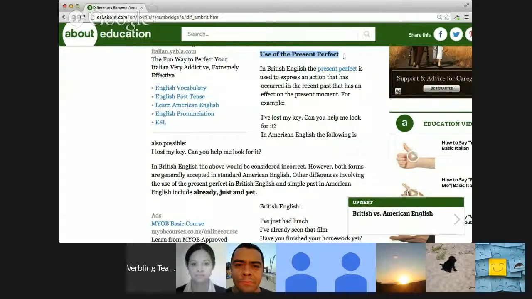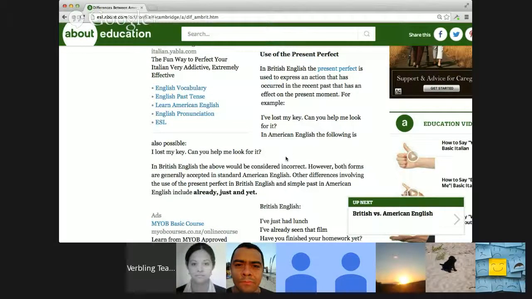In British English, the present perfect is used to express an action that has occurred in the recent past that has an effect on the present moment. For example, I've lost my key. Can you help me look for it? In American English, the following is also possible. I lost my key. Can you help me look for it?